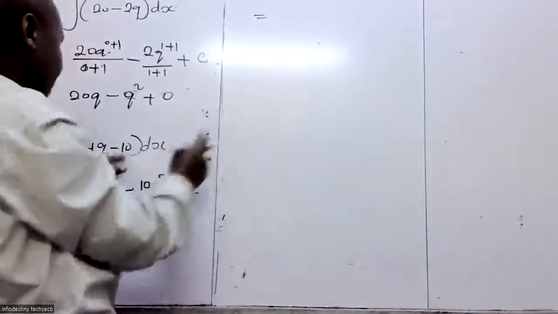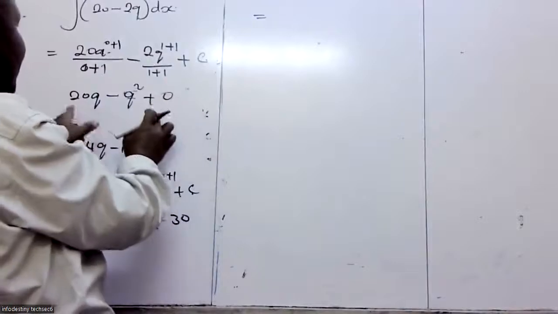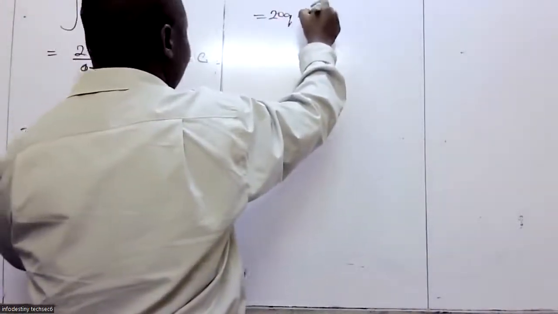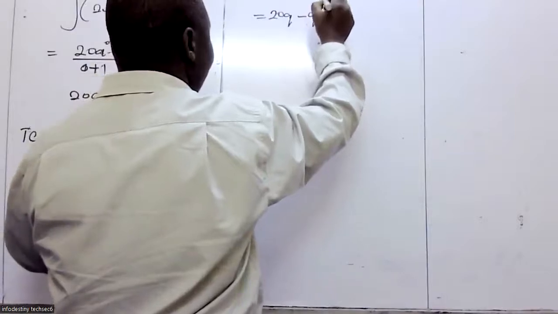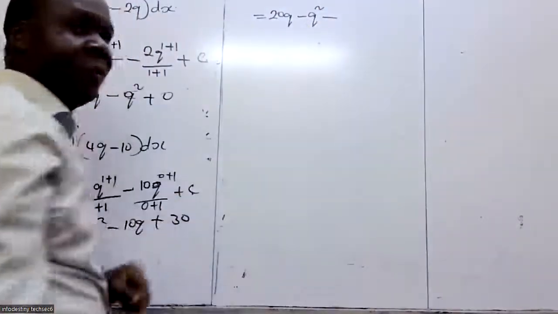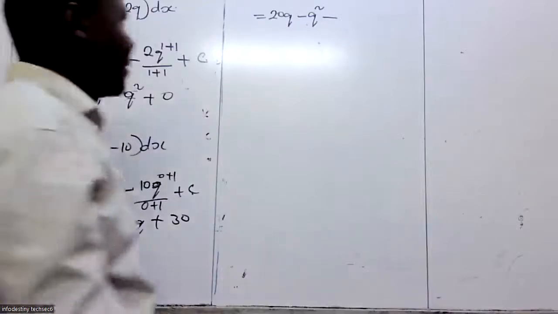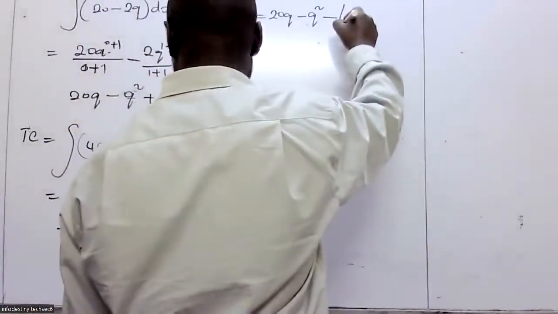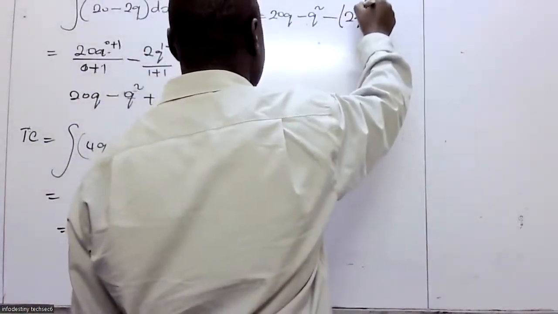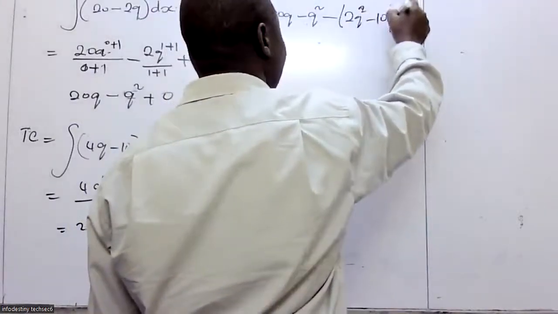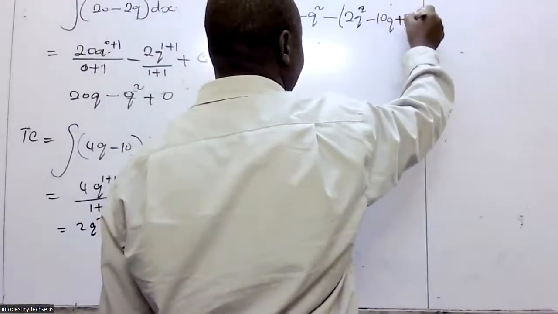Our TR is 20Q minus Q squared, and we leave out the 0. So minus the bracket 2Q squared minus 10Q plus 30.